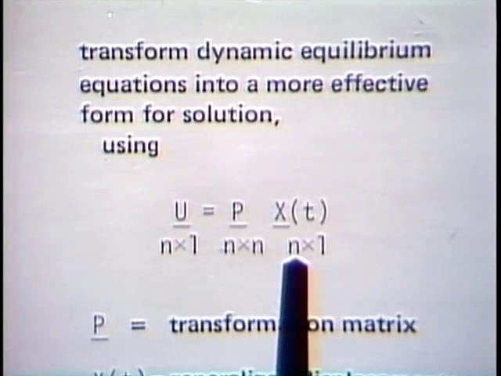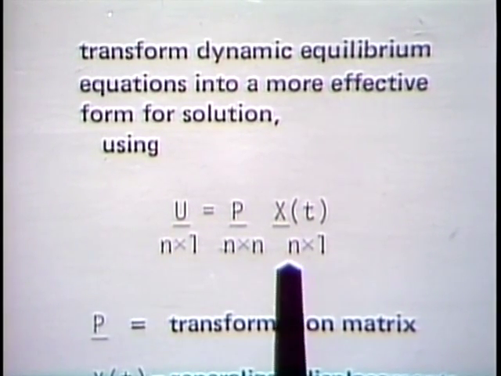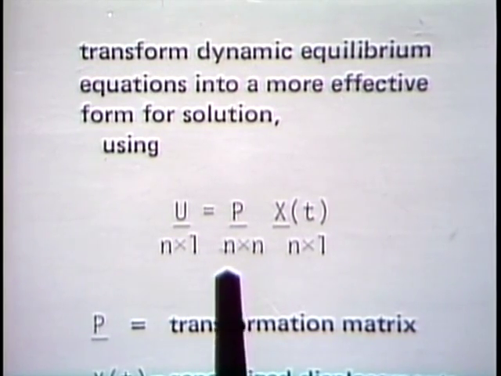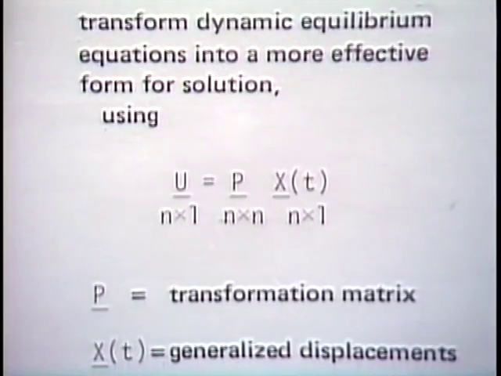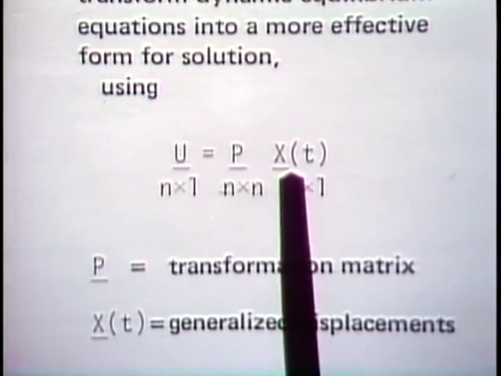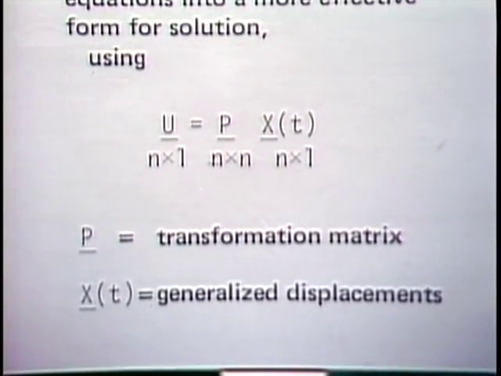In other words, if we have the vector x, we can calculate u, or if we have u, we can calculate x. P, of course, has to be a non-singular matrix. We call this a transformation matrix. And we call the x displacements that I will be talking about the generalized displacements.